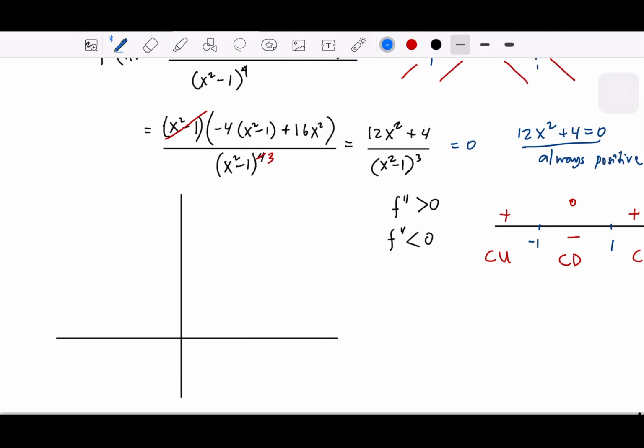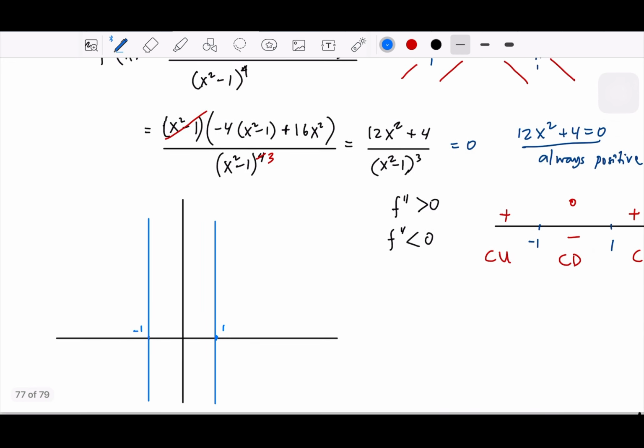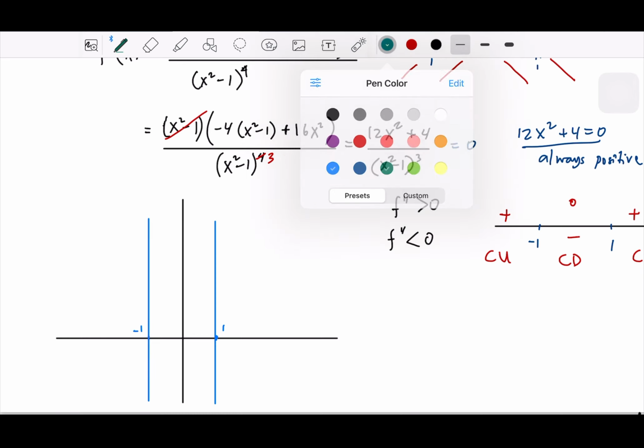Let's say the asymptote is here, -1, and that's the vertical asymptote. We have horizontal asymptote at y equal 2. So we need to also draw that.